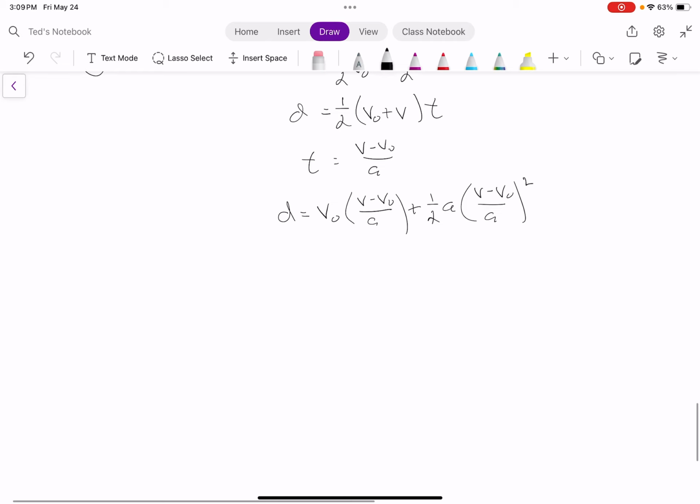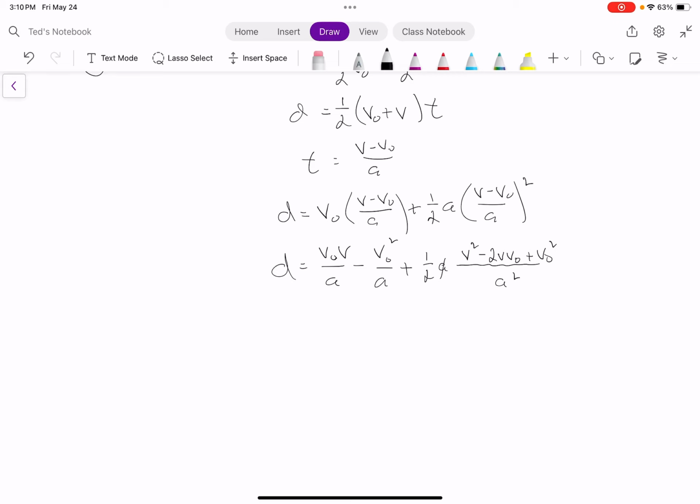So this becomes d is equal to, I'm going to distribute the v0, v0 times v over a minus v0 squared over a. Okay, and for this one, we've got to FOIL out the top. So let's keep the 1/2 a. And v minus v0 squared is v squared minus 2v v0 plus v0 squared all over a squared.